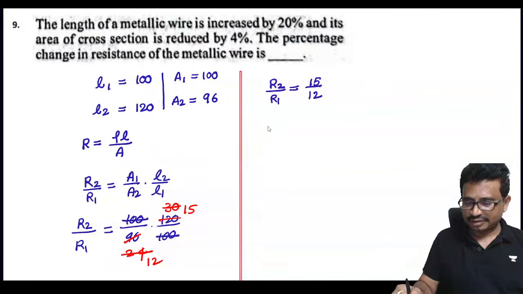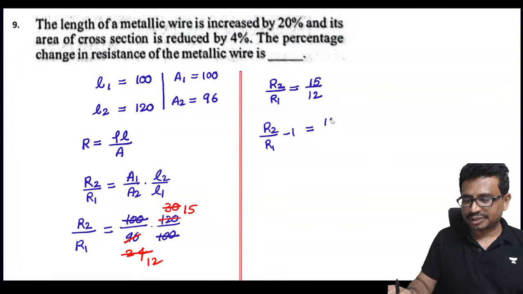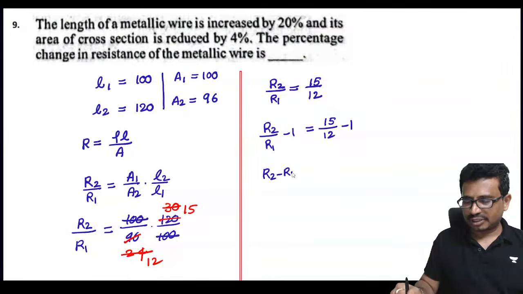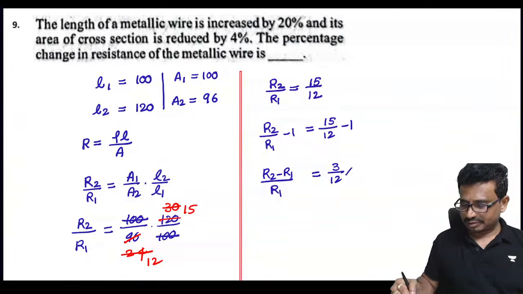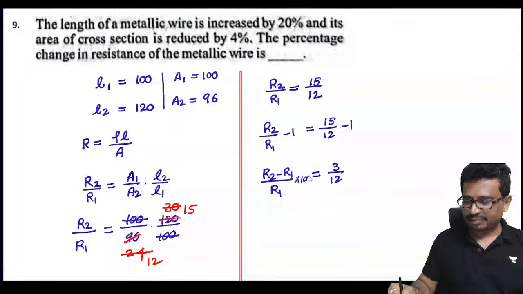We need percentage of change. So for that, what I am doing is R2 by R1 minus 1. I am doing subtraction on both sides. 15 by 12 minus 1. Now it is R2 minus R1 by R1. Which will come to be 3 by 12. We are multiplying by 100 to get a percentage.